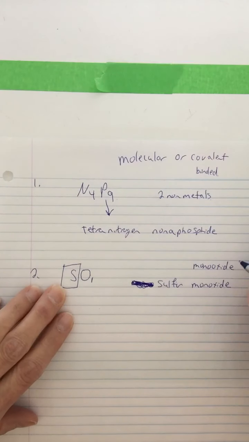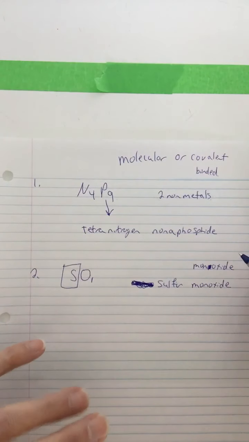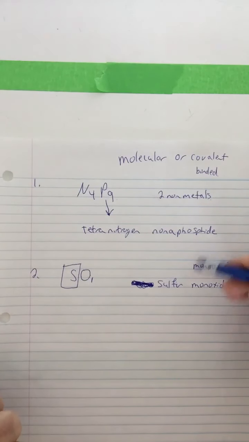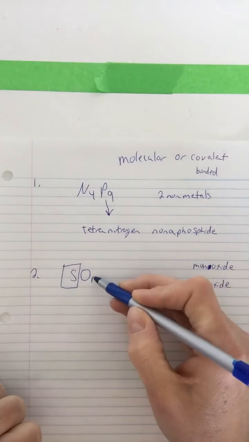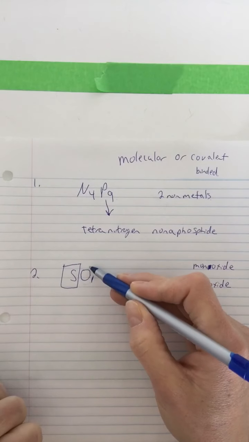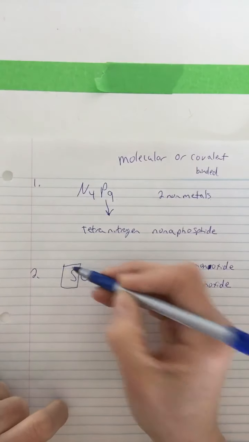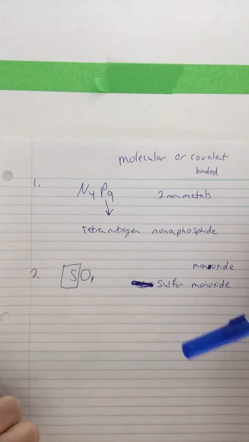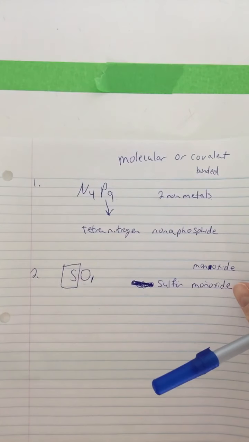Like in the Tyler DeWitt video, you would have seen some letters get dropped in this process, so you don't have a whole bunch of vowels in a row that don't make a lot of sense. So this is sulfur monoxide. Mono being the prefix for one, because this has one. And you never put the mono on the first element. Okay? So that was a couple of examples there.